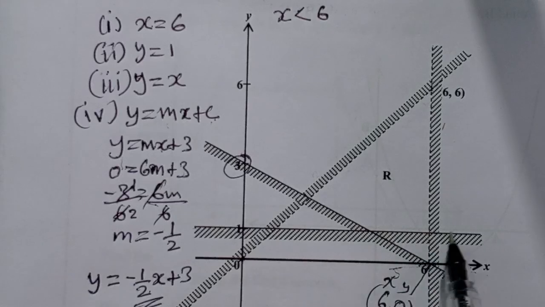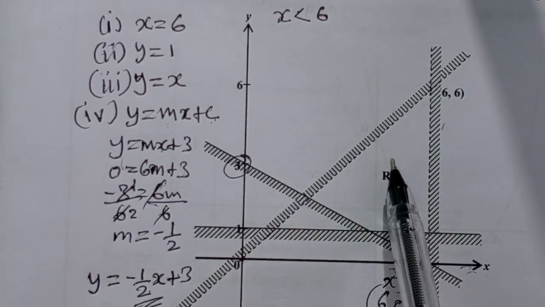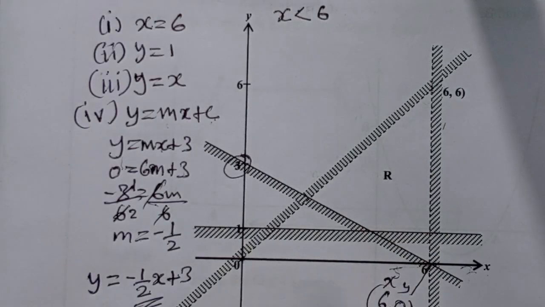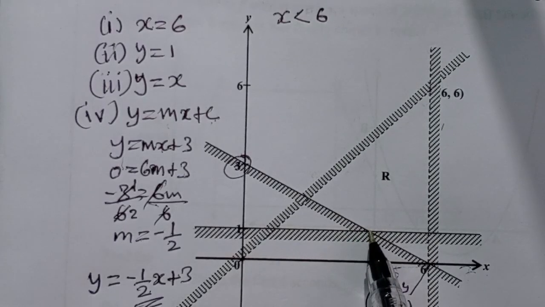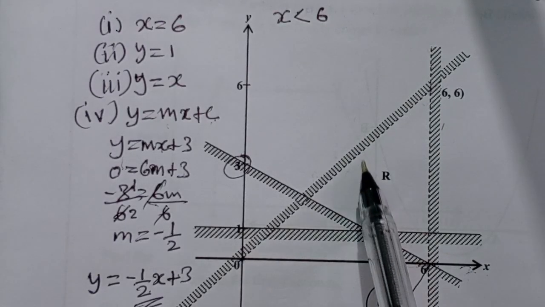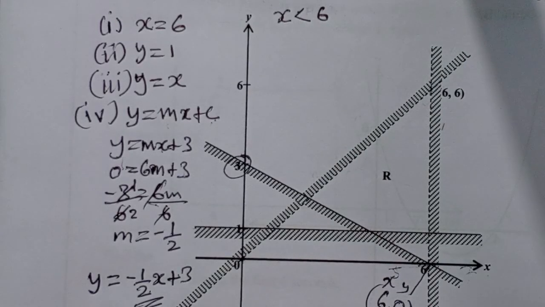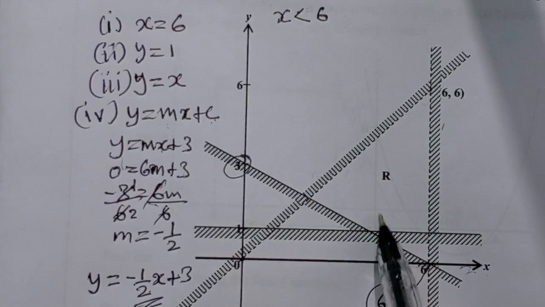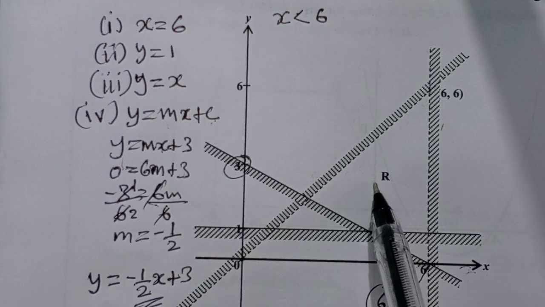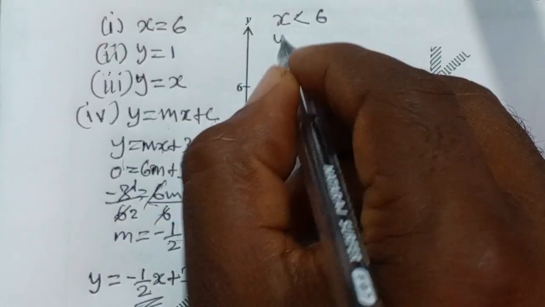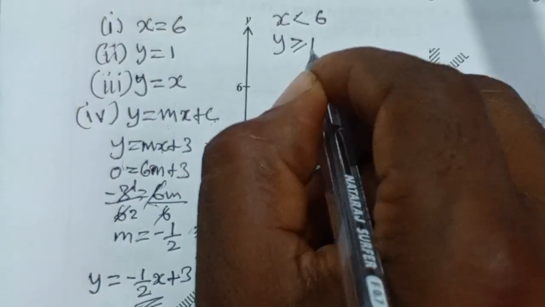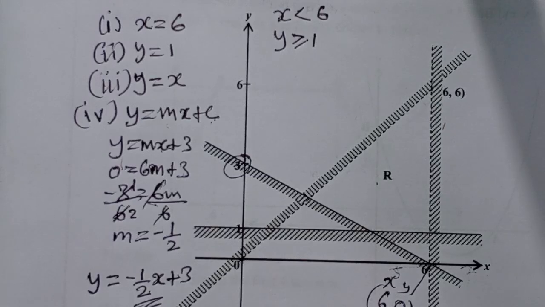For this line, the unshaded region is this part. The shaded region is this part. This is y is equal to 1. Going this side, the numbers increase. Coming here, the numbers decrease. So for this line, the unshaded part is greater than or equal to 1. So it will be y is greater than or equal to 1.